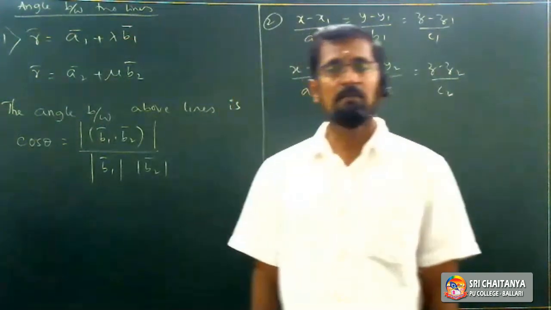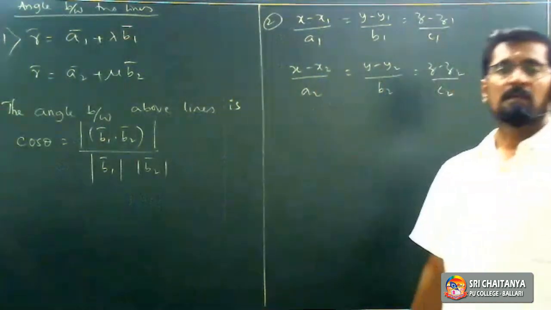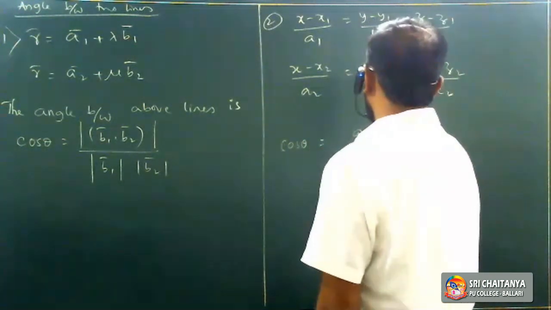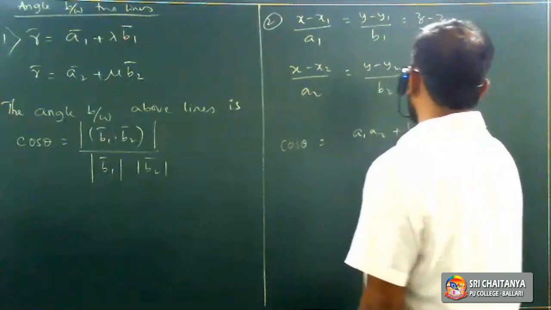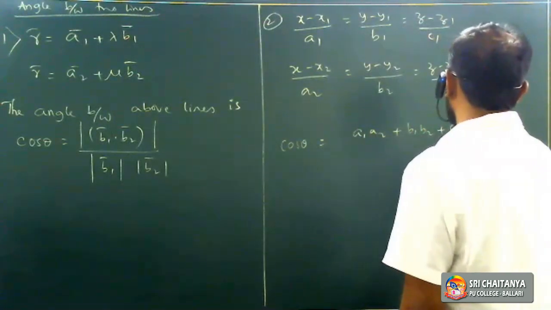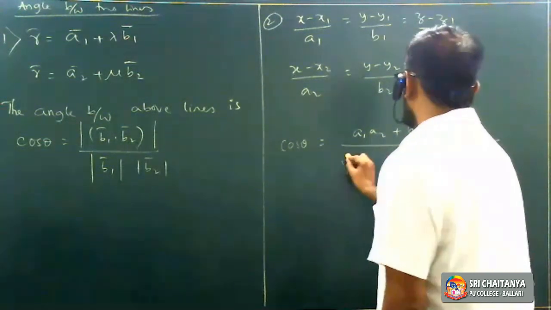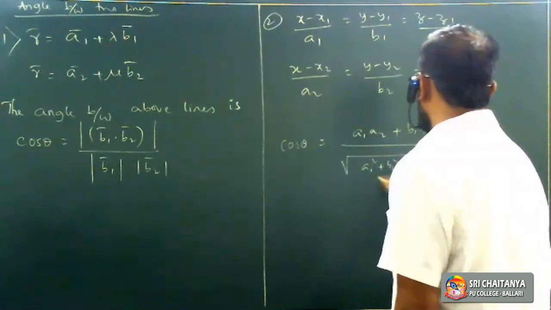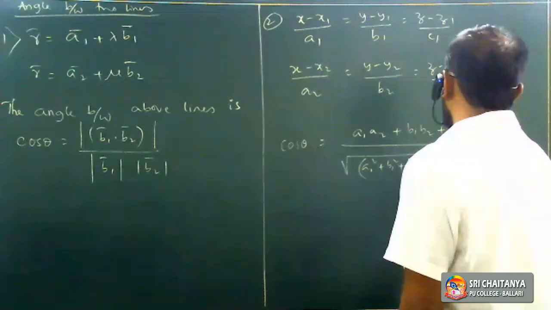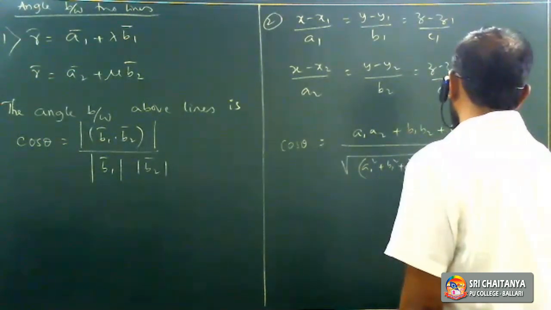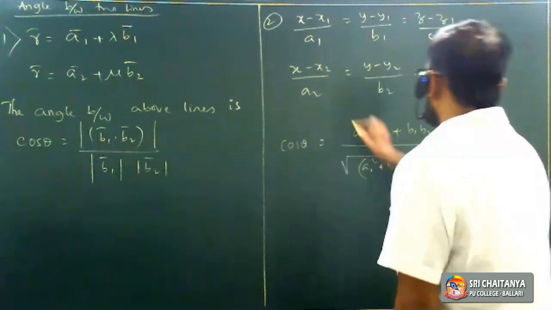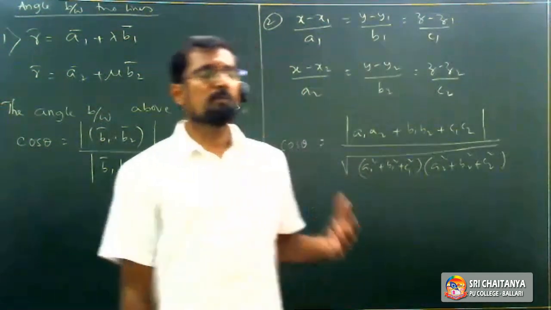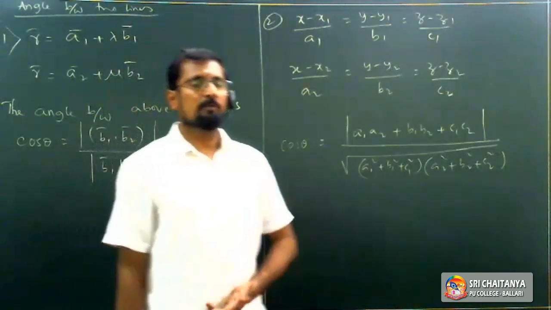Then the angle between these two lines is given by cos theta is equal to a1 a2 plus b1 b2 plus c1 c2 upon root of a1 square plus b1 square plus c1 square into a2 square plus b2 square plus c2 square, right? Under mod.